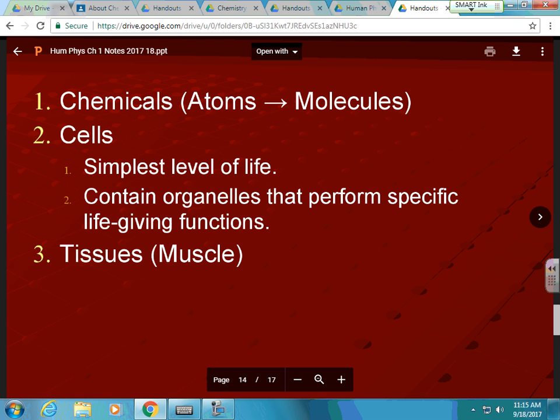But the reason why is, if we take these complex molecules and combine them, weird stuff starts to happen. They can actually perform functions. And they make things called organelles. And we're way down to the simplest level.